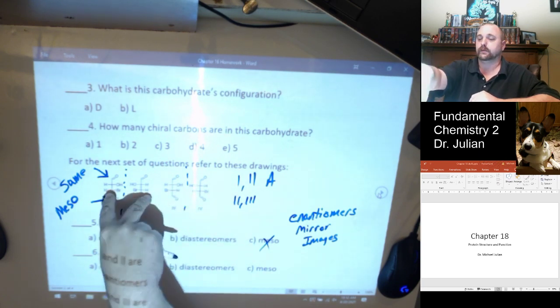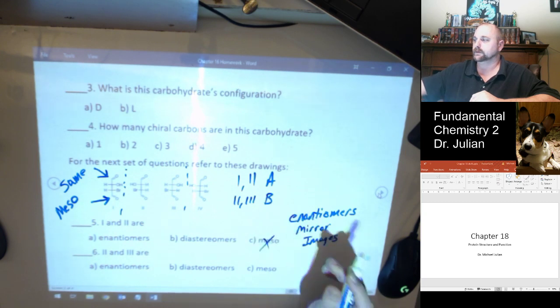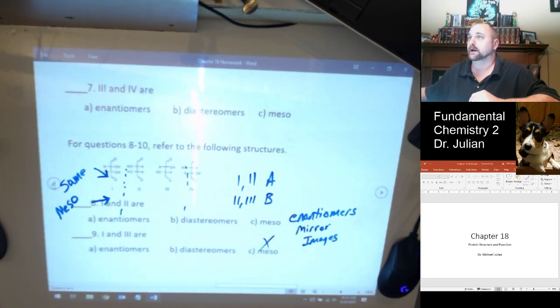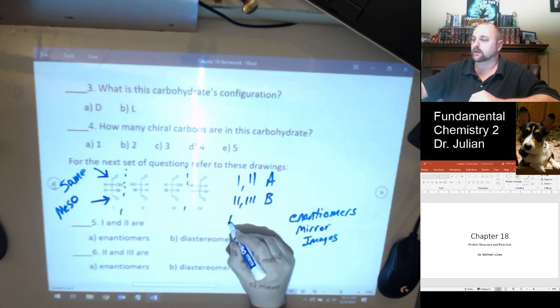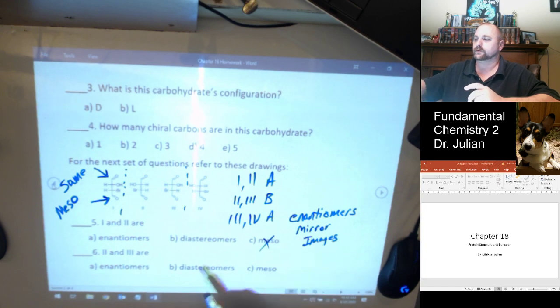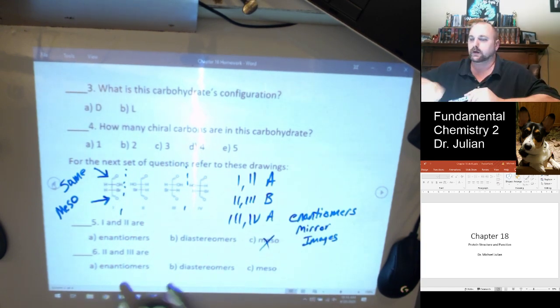Any one out of this set with any one out of that set would be diastereomers. So this would be B. Let's see if it asked about 3 and 4. It did ask about 3 and 4. And so 3 and 4 are enantiomers.